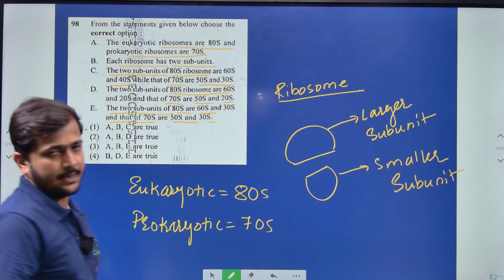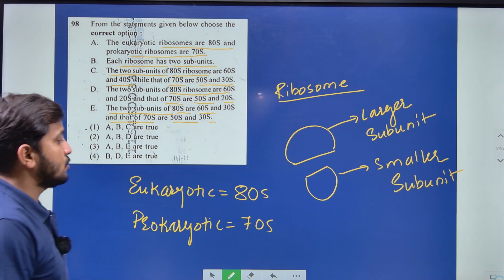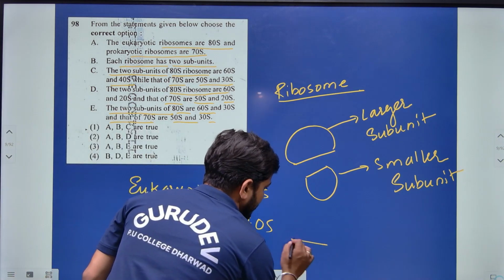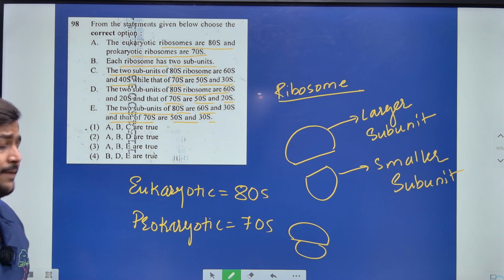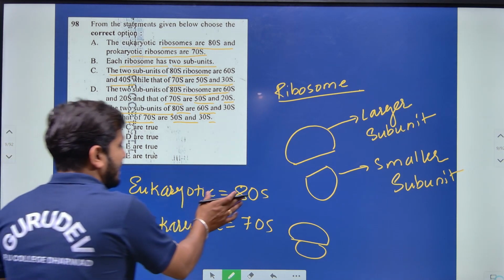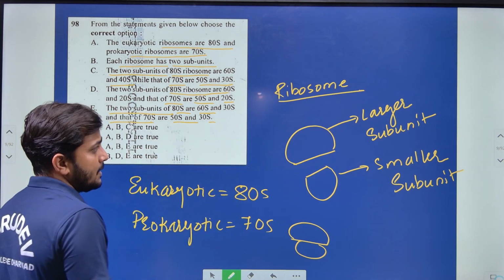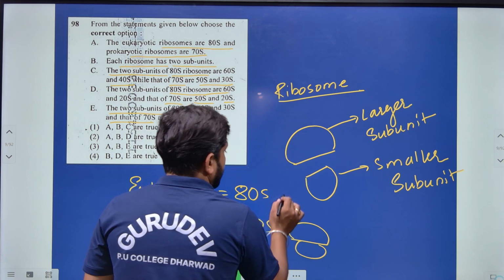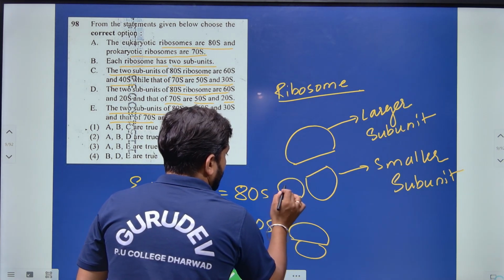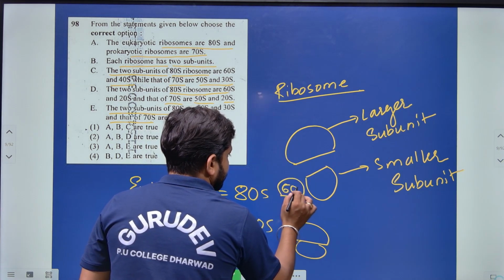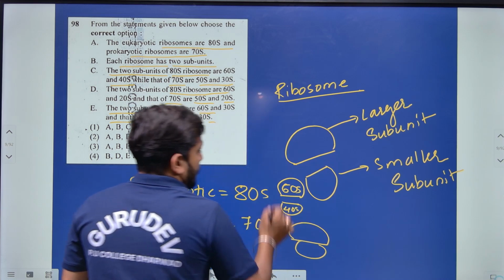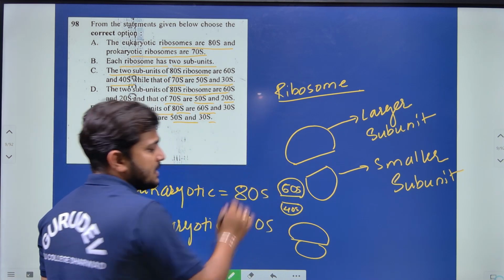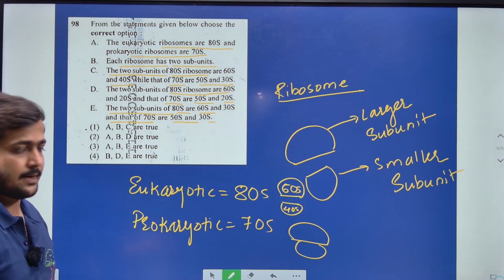This is combining both the subunits, structurally a larger and a smaller one. The 80S type of ribosome has a larger unit of 60S and a smaller subunit of 40S. When I add both, 60 plus 40 is 100, right?